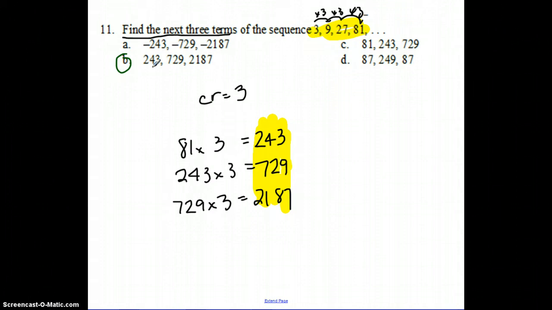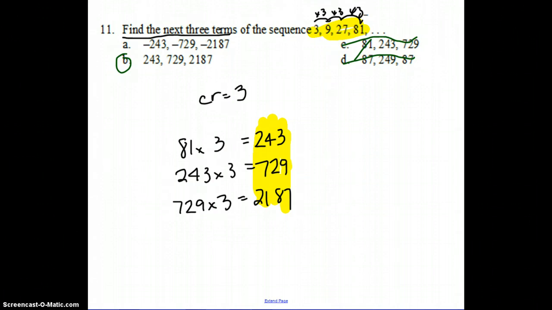You can also look around this problem and see 81, which was the last number in the sequence up here, is used again. That's probably a big hint that it's probably not the right choice. And there's no way I could get to 87 from 81 just by multiplying. So I know this one's out. So you're really just down to choices A and B. So use those test-taking skills to narrow down your answers.